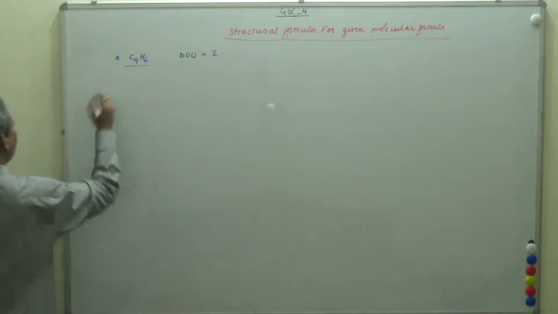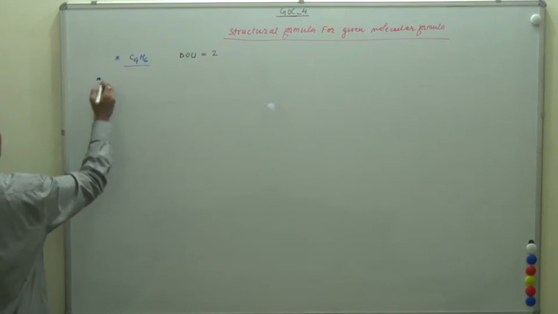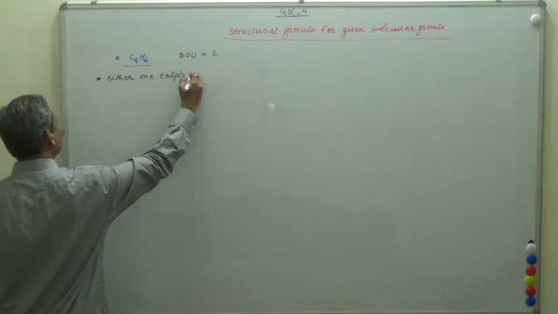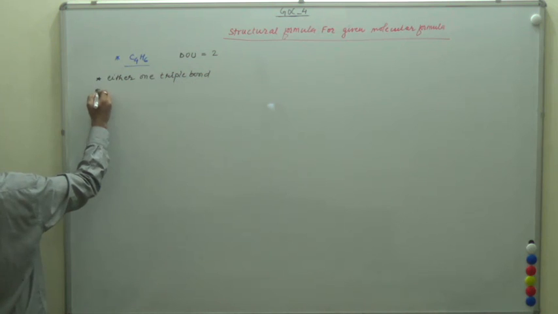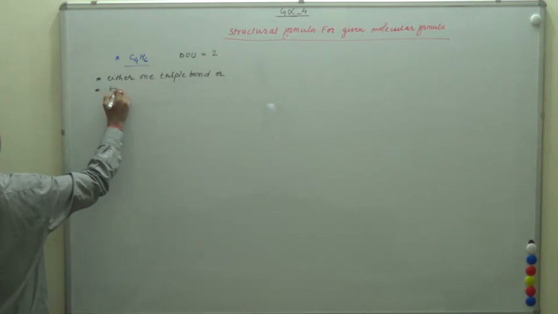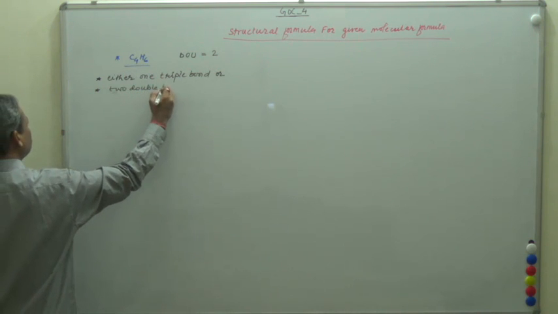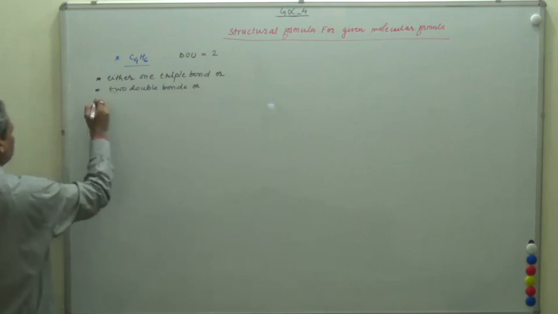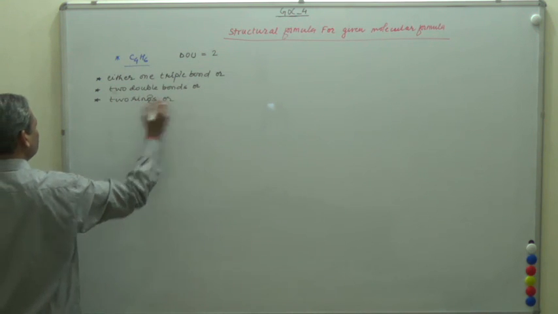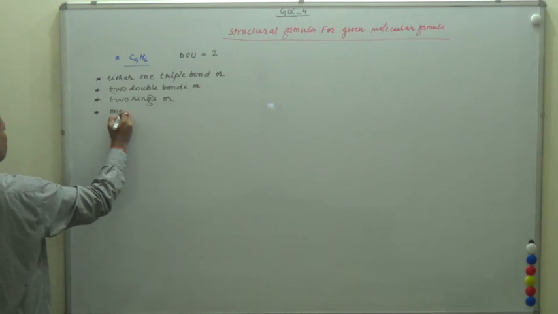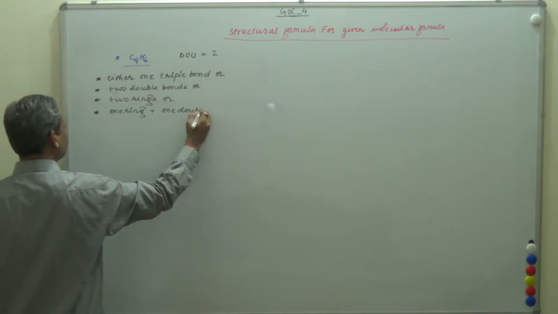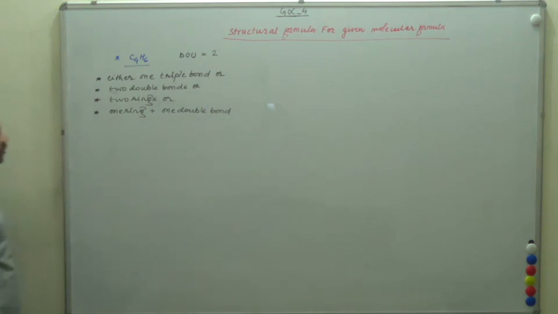So what are the possibilities? Either one triple bond, or two double bonds, or two rings, or one ring plus one double bond.